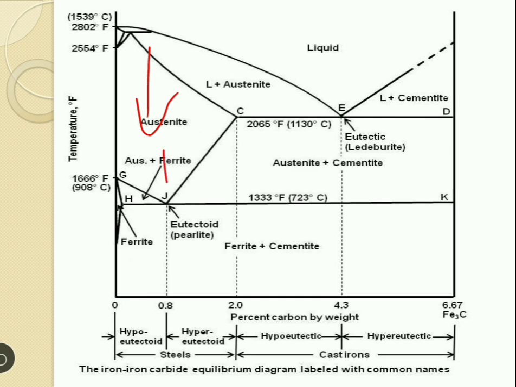Then if you cool down again, it will convert into alpha iron, where again the crystal structure is BCC and the carbon percentage is low.